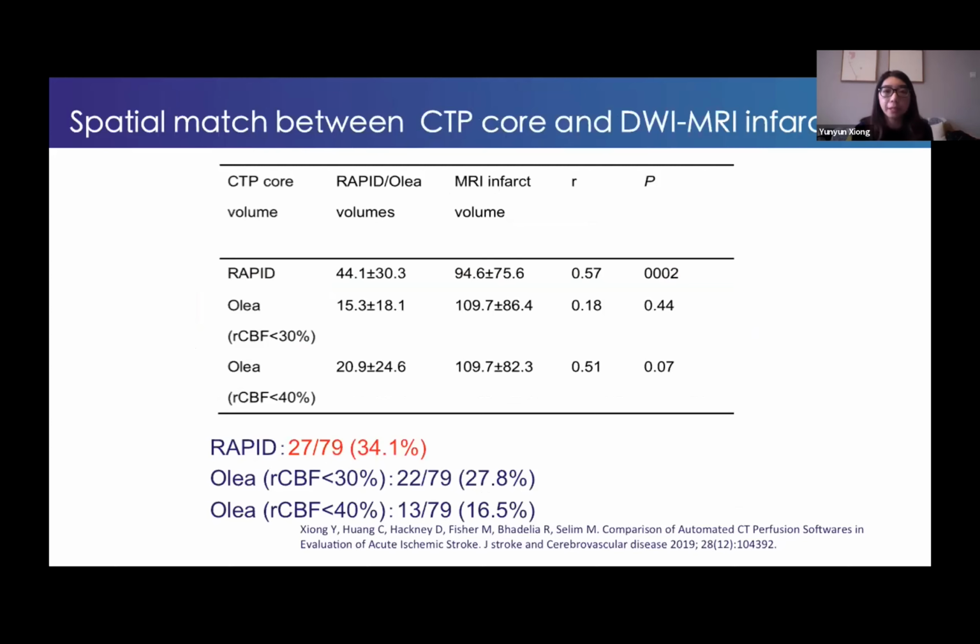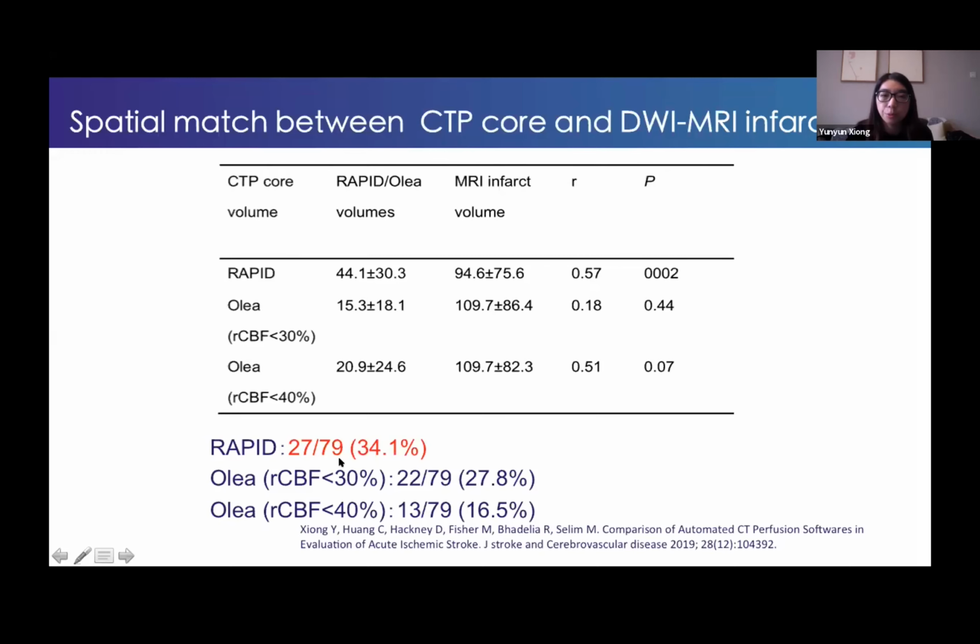And not only did we look at the volumetric and diagnostic accuracy of CTP with the DWI, we also checked the spatial match between the CTP core and the DWI-MRI infarct. For RAPID, only 34% of patients had the correct location of the infarct, and for the OLEA it was all less than 30%.